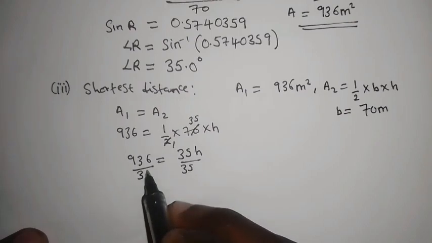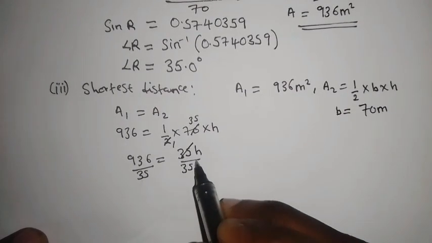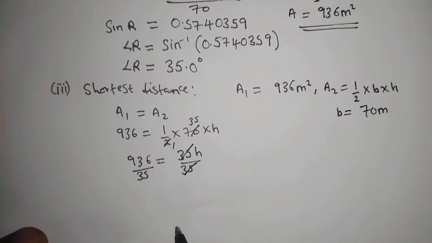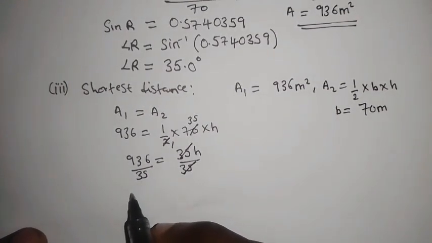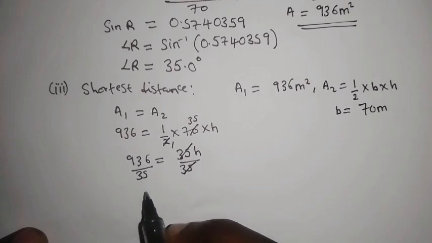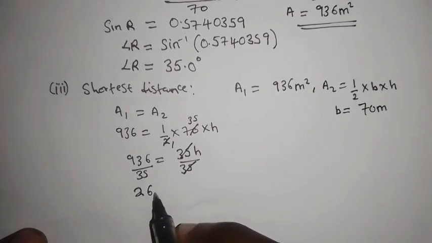Once you do that, use your calculator and round off to 3 significant figures, you're going to get 26.8.